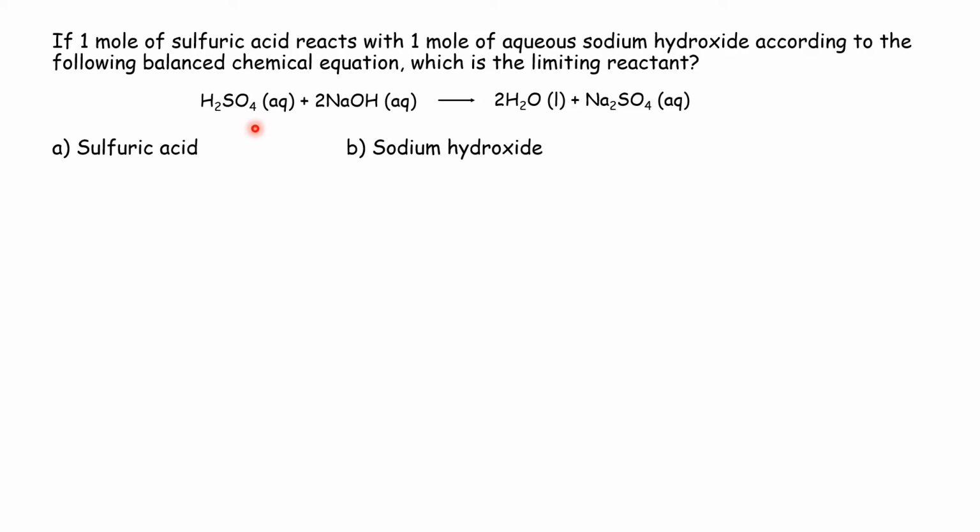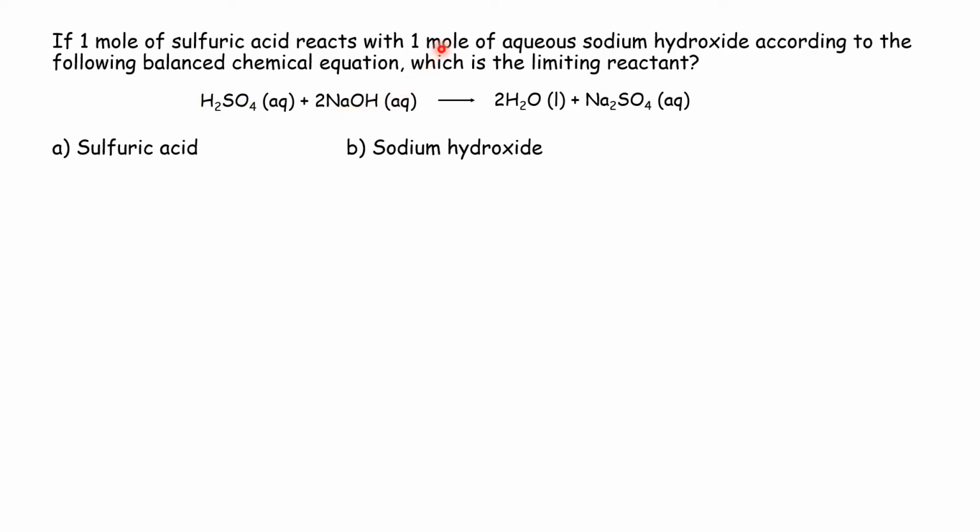So the first solution, we just go with stoichiometry. 1 mole of sulfuric acid requires 2 moles of sodium hydroxide to complete this reaction stoichiometrically. But now we do have 1 mole of sulfuric acid, but we don't have 2 moles of sodium hydroxide.